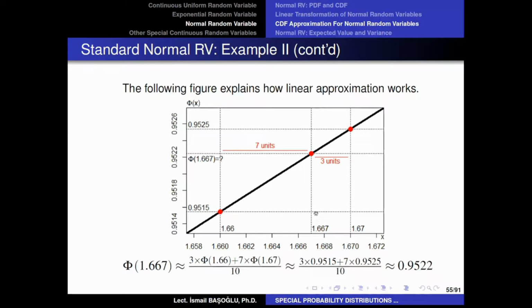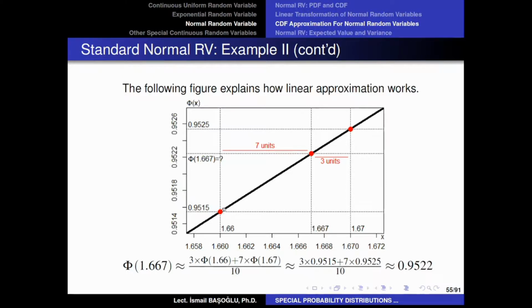Now you see the distance between 1.667 and 1.67 is 3 units and the distance here is 7 units. Therefore, the proportions of these distances should be the same as in here.